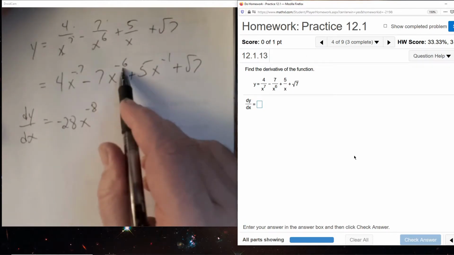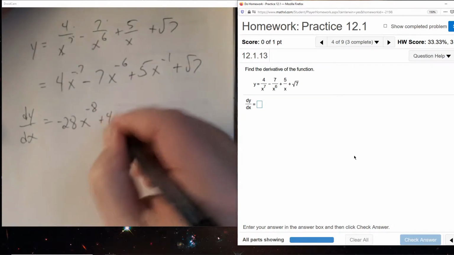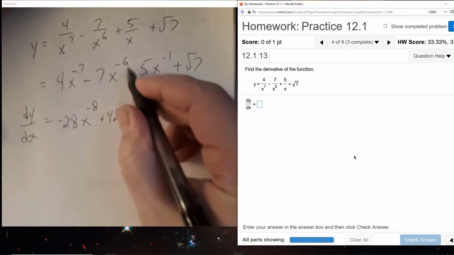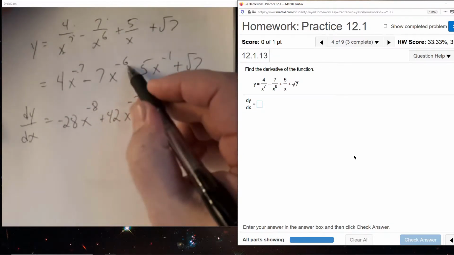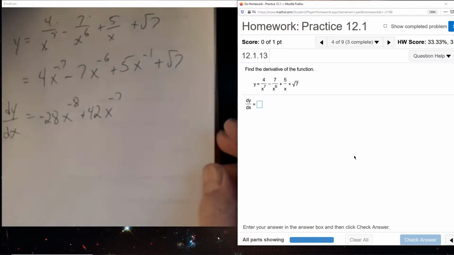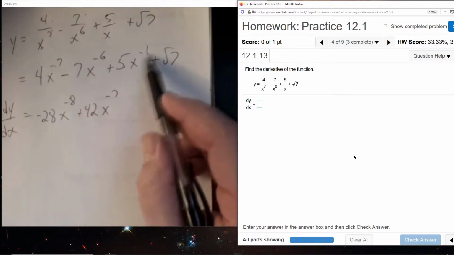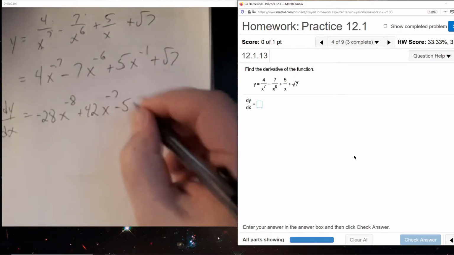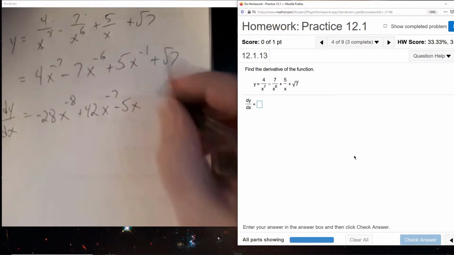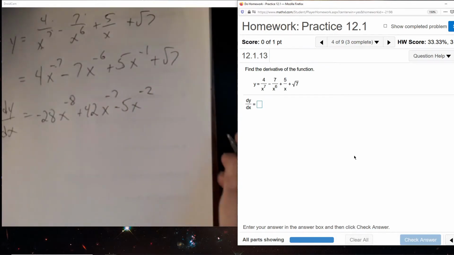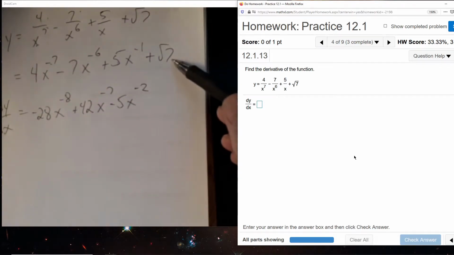So minus 6 times minus 7. Subtract 1 from the exponent. Minus 1 will drop down. Minus 1 times 5. Subtract 1 from the exponent. And the derivative of a constant is 0.